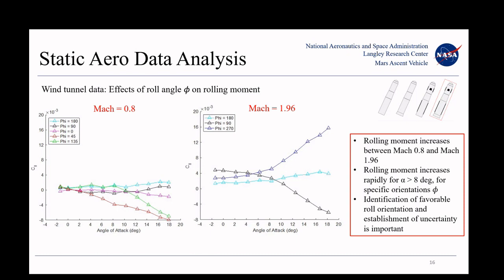It increases rapidly at 8 degrees for specific orientations. And really that gives us an indication of what favorable roll orientations the vehicle should be flying through, and how important it is to establish uncertainties, especially with rolling moments at these conditions.